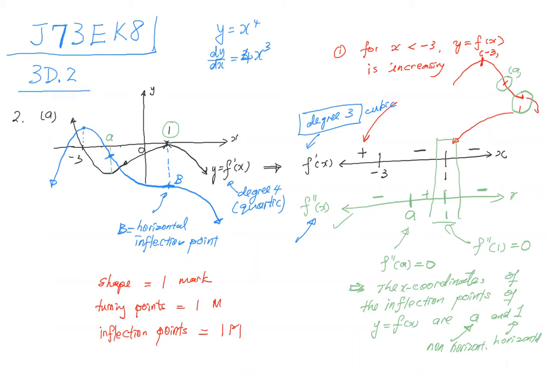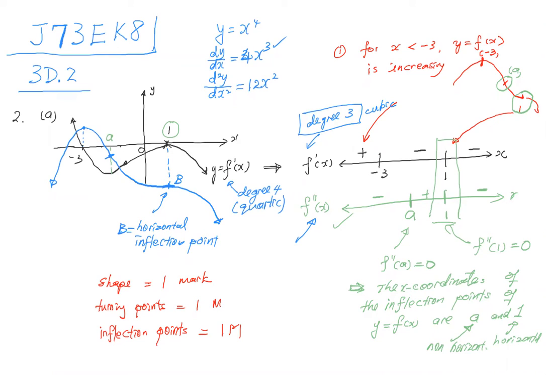You take 1 degree lower. This is a true fact that you have to know. I'm going to definitely ask this in your SAT2. I'm repeating this many times. So it's quartic, then cubic, then quadratic.